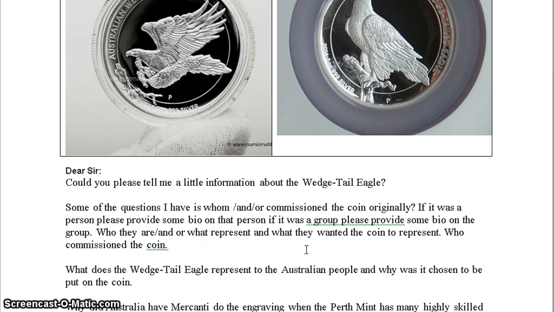So what he's asking, what does the wedge-tailed eagle represent to the Australian people, and why was this chosen to be put on the coin? Basically, like the bald eagle in the United States, it's an iconic figure. The Australian bird is the wedge-tailed eagle.